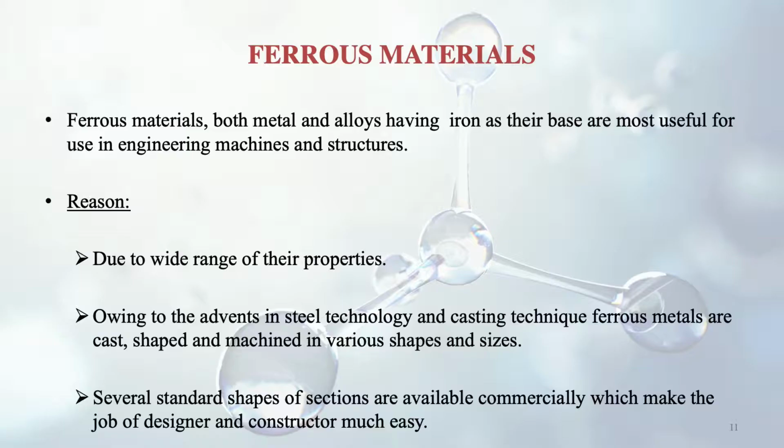So you can see that ferrous materials can be changed into various shapes and they can be used in so many applications. Several standard shapes of sections are available commercially, which make the job of the designer and constructor much easier. So these are some of the reasons why ferrous materials are so famous.